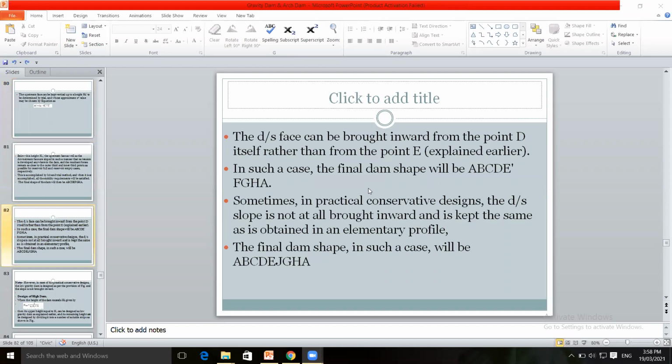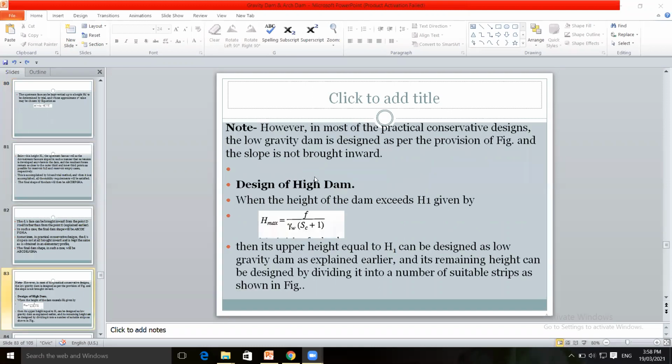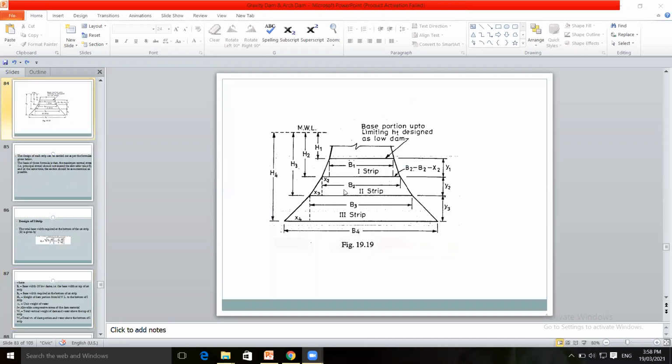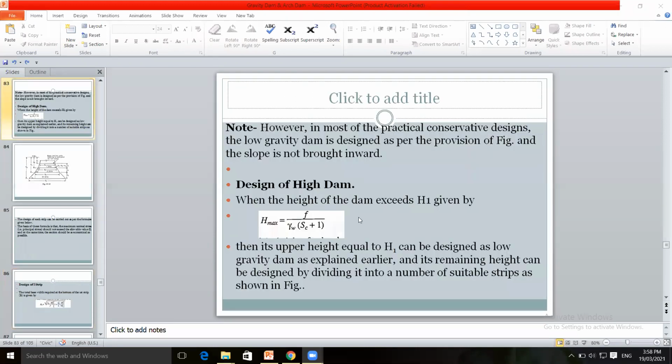When height exceeds, high gravity dam म्हणजे काय? When the height of the dam exceeds this value given by this equation F by gamma W into SC plus 1, then that dam is said to be high gravity dam. मग त्यावेळेस what are the design steps involved?